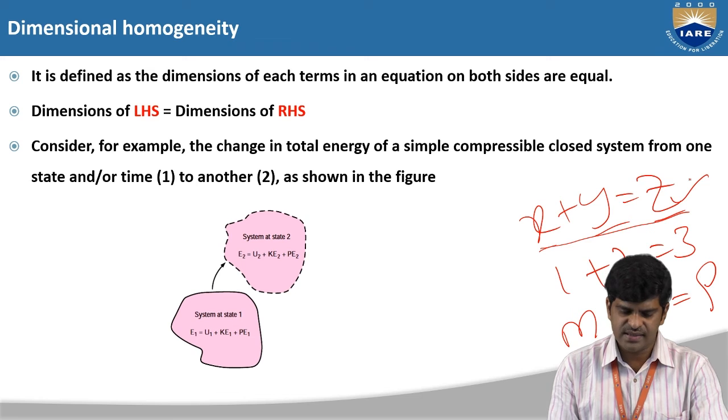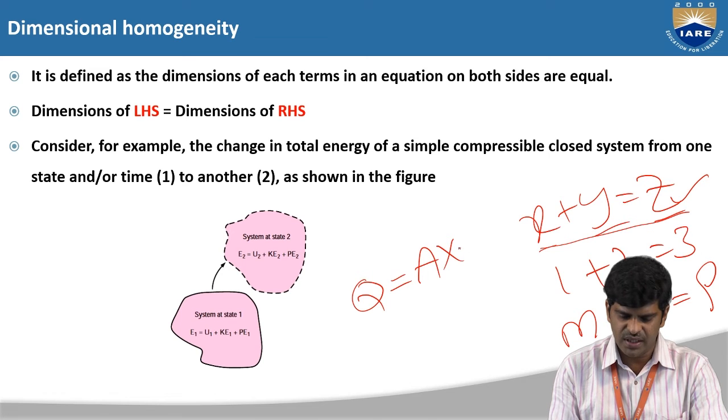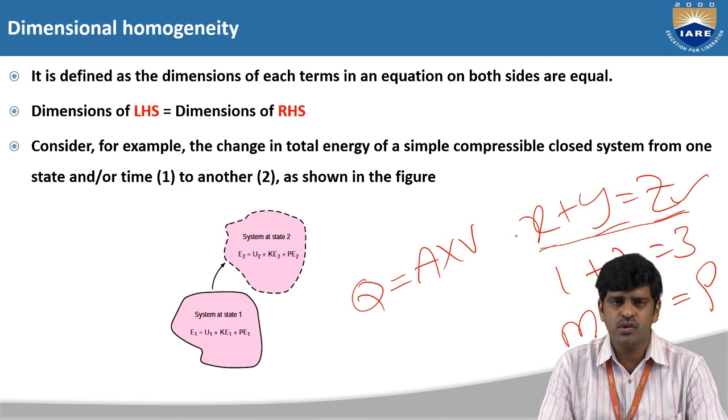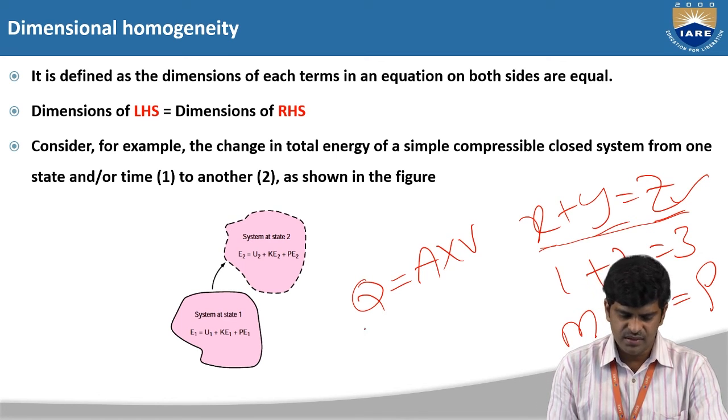For example, let us take the basic equation, the discharge equation, which we are going to use very frequently in our fluid mechanics, that is Q is equal to A into V. Now, if we represent it in terms of the dimensional parameters, the dimension of discharge is meter cube per second.